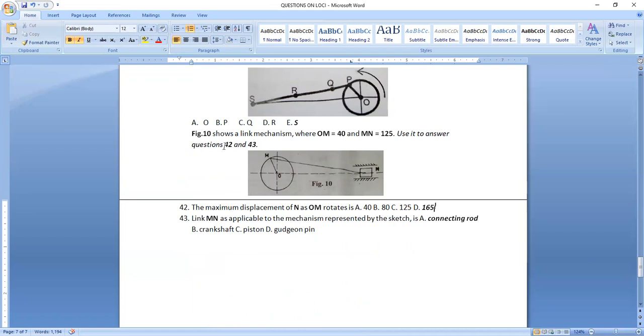So the maximum displacement of N as OM rotates is 165. That's the sum of this 40 and 125. So that is 165. Then question 43, link MN as applicable to the mechanism represented by the sketch is a connecting rod. That is option A, the answer to that question. So link MN is a connecting rod.